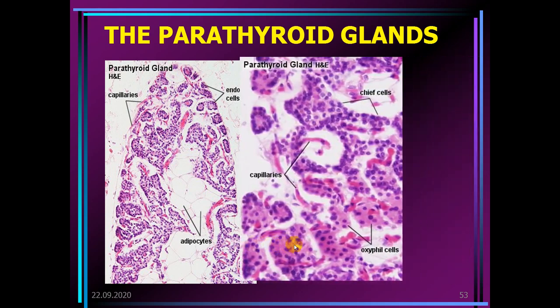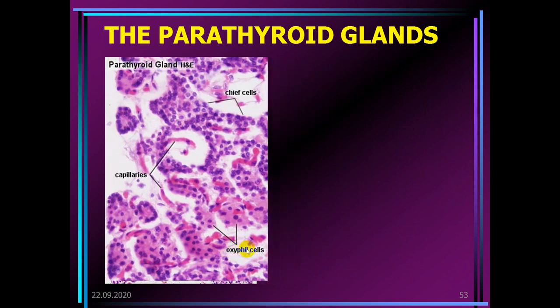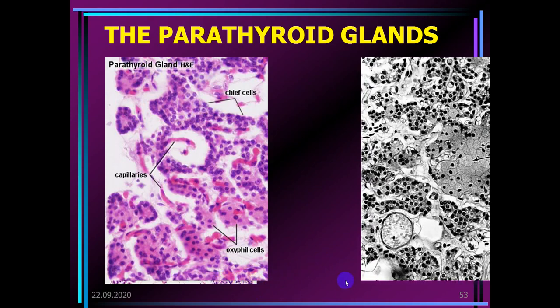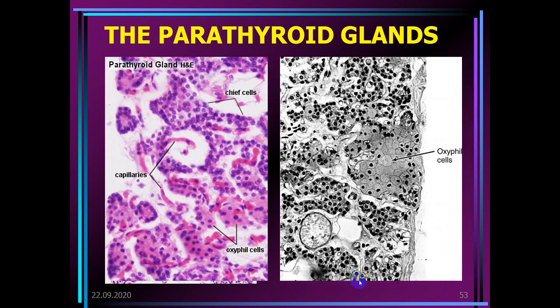At larger magnification you can see in detail capillaries between the sheets of epithelial cells, a lot of basophilic or chief cells, and fewer oxyphilic cells with pink cytoplasm. Oxyphilic cells are not hormone productive and don't produce any hormones.